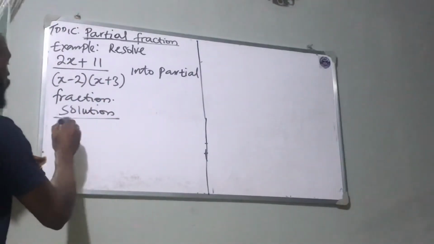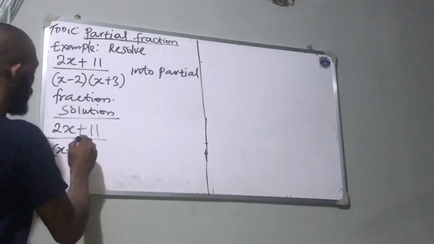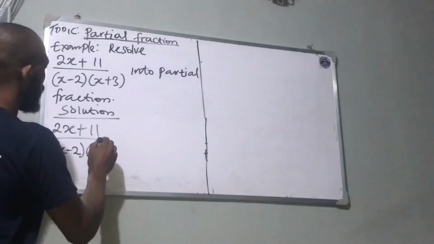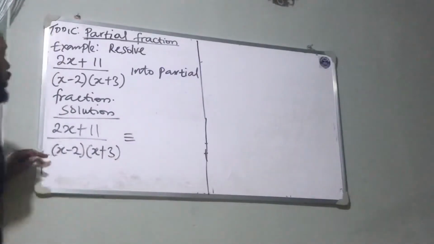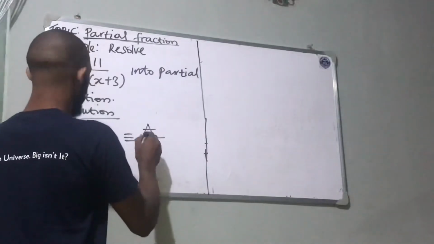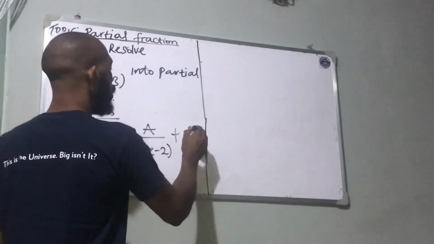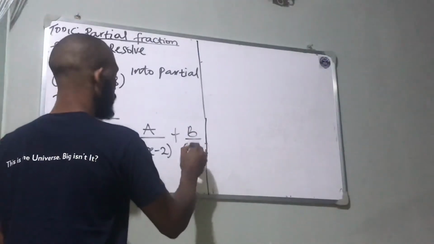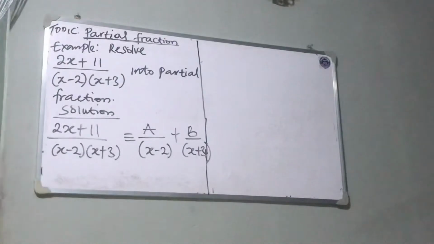So, since we know that this is the partial fraction, we want to resolve it to this form, two algebraic fractions.